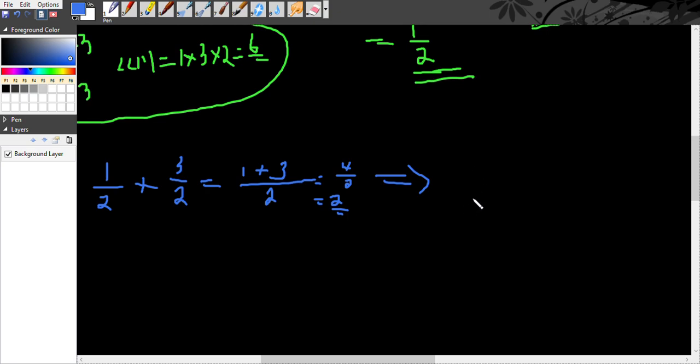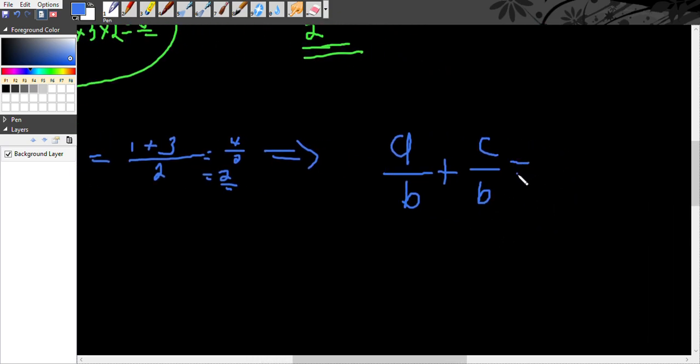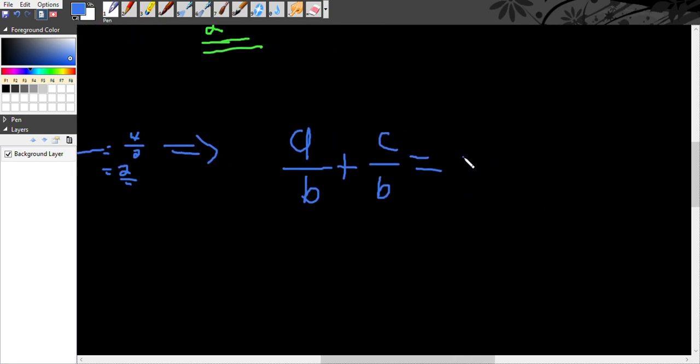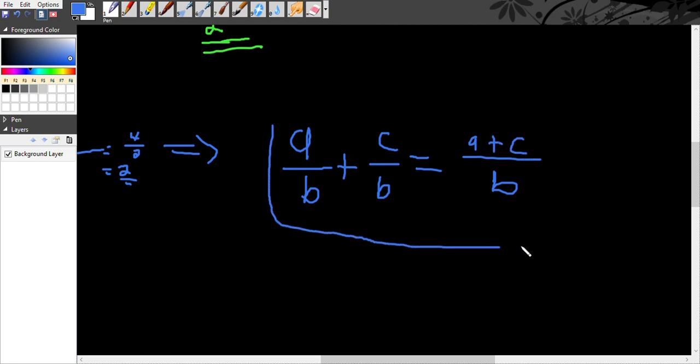of when the denominators are the same. We can actually say A over B plus C over B: when you're adding fractions with denominators which are the same, you can actually do this. We just carry the denominator as it is, no multiplication, and we just add the numerators as they are.